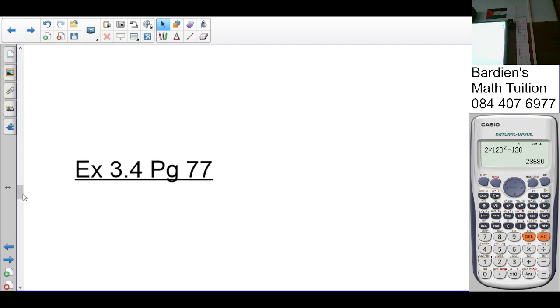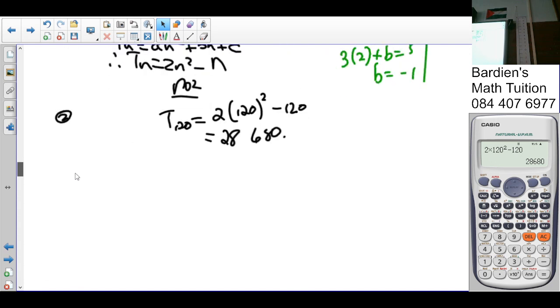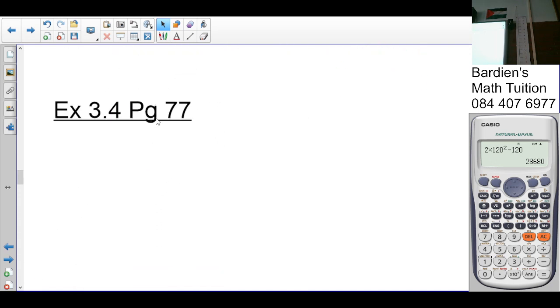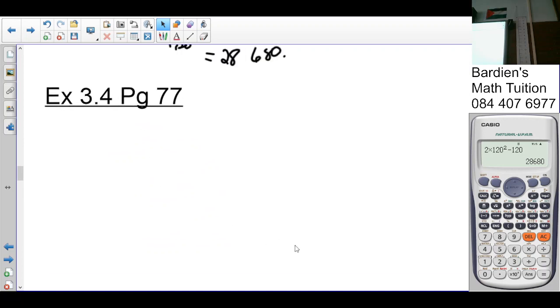Show this in number 3. Which page are we on? Oops, wrong one.